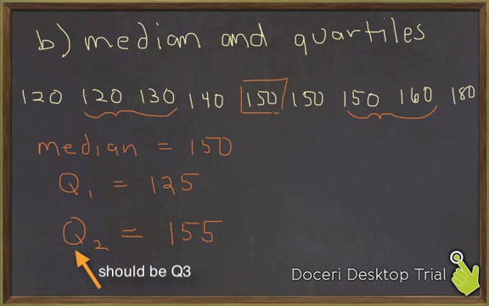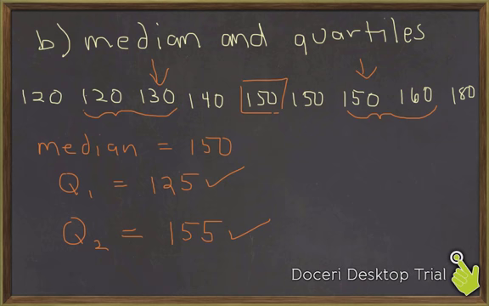So if we were to use the 150 in the first part of the data set, that would give us the first quartile of 130. If we used the median with the second half of the data, that would give us a quartile 3 of 150. So there's kind of like 2 different ways to do that. But for our purposes, we're just going to leave it with quartile 1 is 125, quartile 3 is 155.